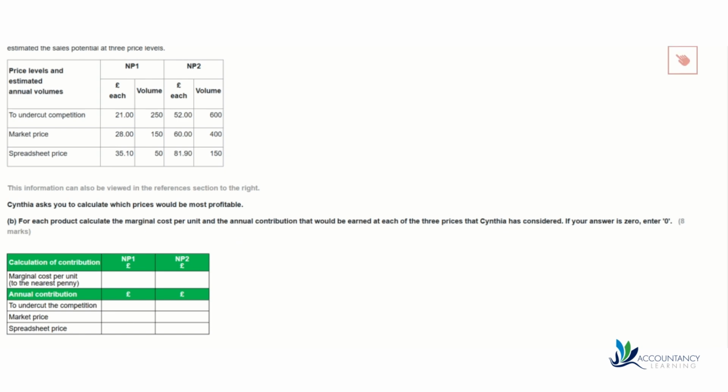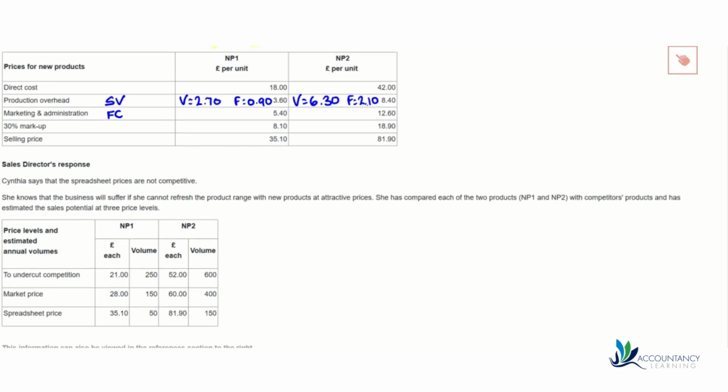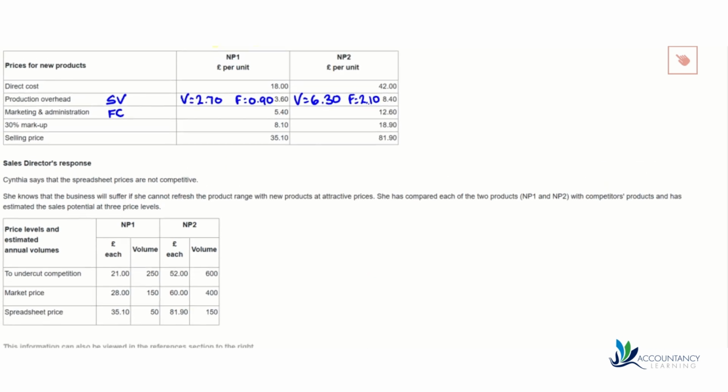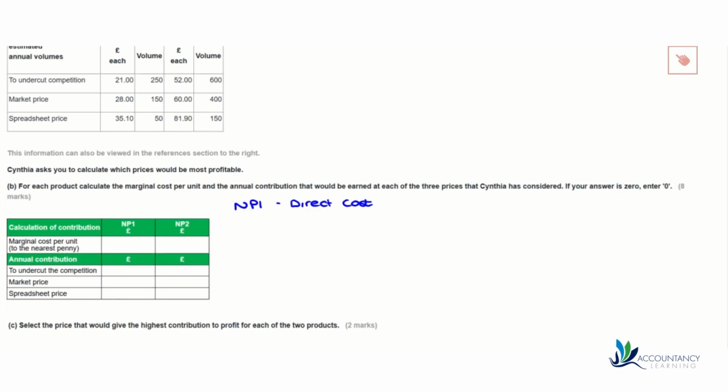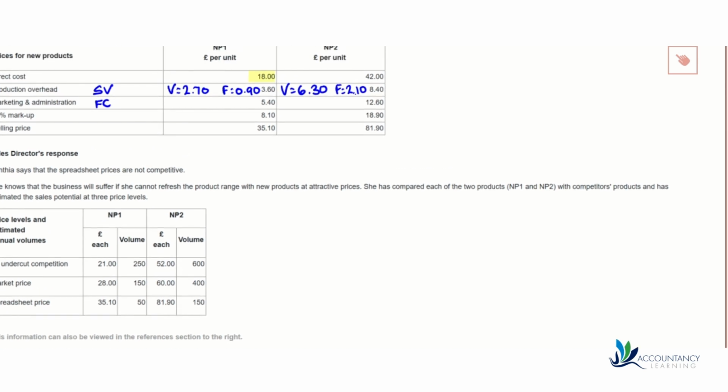We've got the direct cost, which is, if we go back up here, of £18. And we're going to then add in the variable production overheads, which we calculated at £2.70.